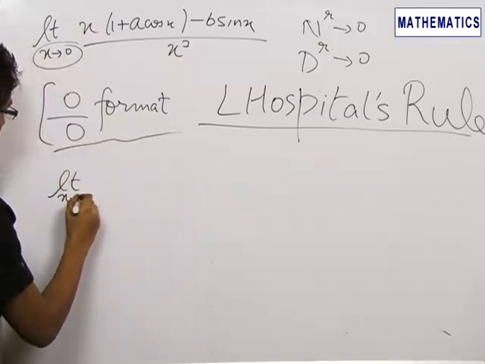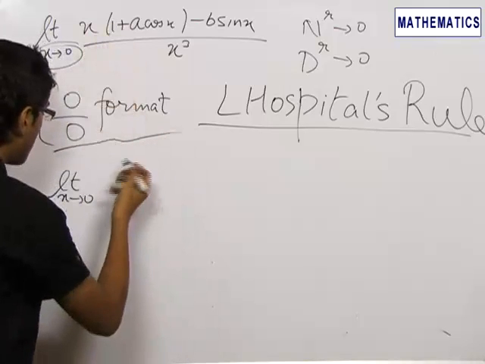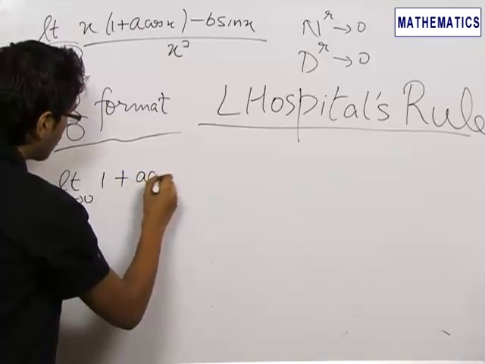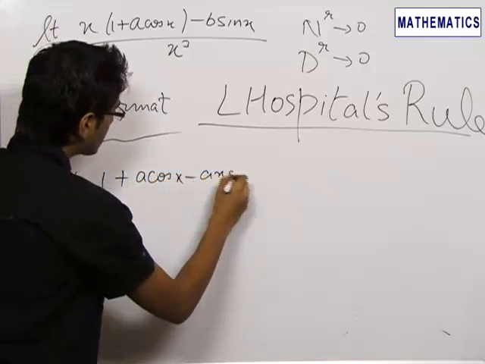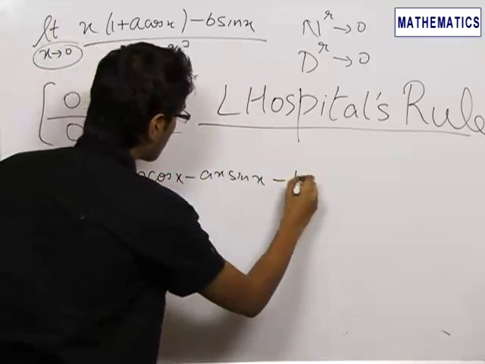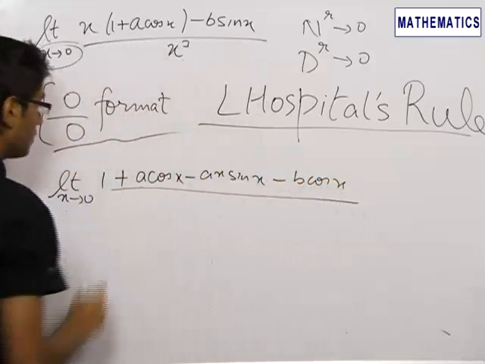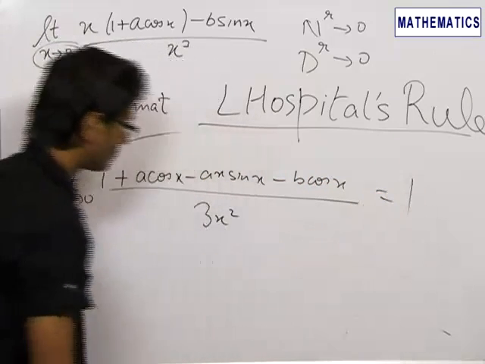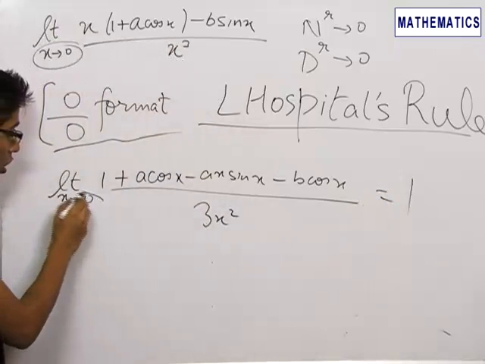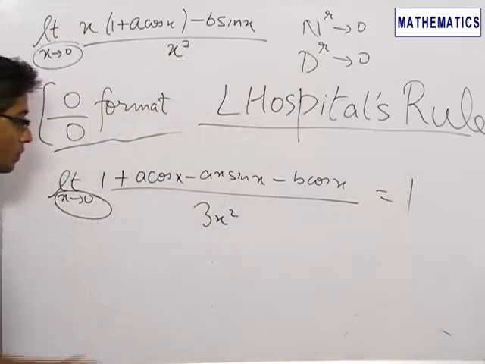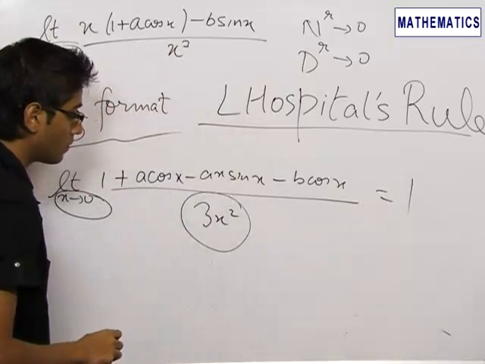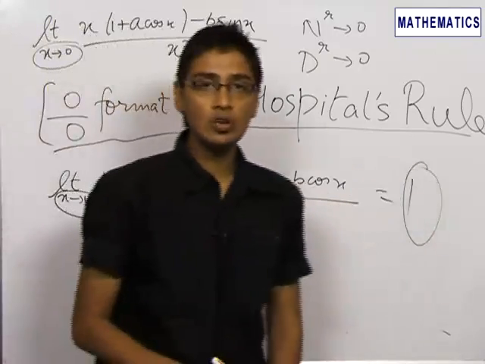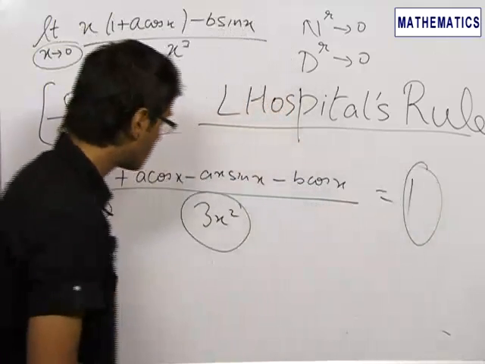So we get limit x tending to 0, x into 1 is x, on differentiating we get 1, plus ax cos x, which becomes a cos x, minus ax sin x, and this becomes minus b cos x, whole divided by 3x square. The limit is equal to 1. Now we see that on making x tending to 0, the denominator is tending to 0, and we have a finite limit, so our numerator should also tend to 0 in order to make the limit finite.